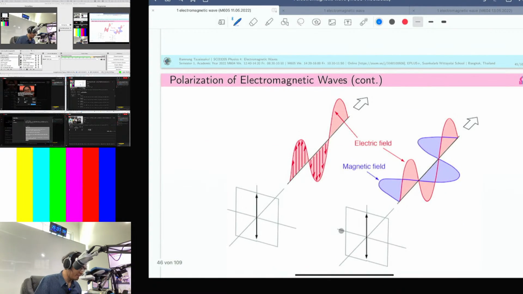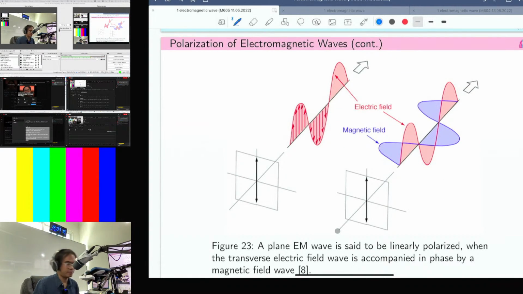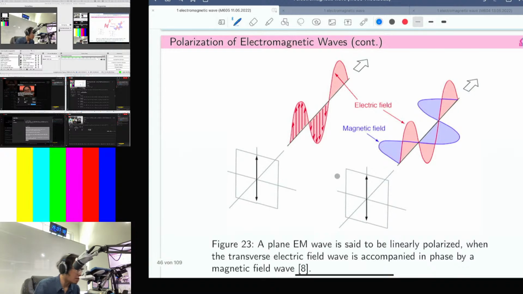Okay, let's talk about the first type of polarization. Of course, as we know, the electric field is the most important thing because it can be detected easily. Here is the electric field.